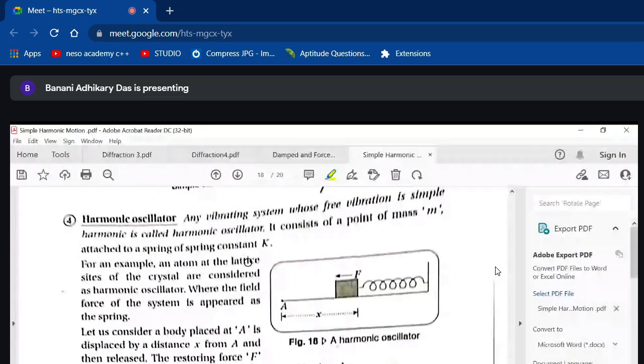If the thermal energy is more, the amplitudes of vibration become so large that the restoring force is not adequate to bring them back to the equilibrium position. The system loses its state. It undergoes a change of state from the solid state to the liquid state because of the absence of harmonicity, or the absence of simple harmonic behavior. When it deviates from simple harmonic behavior, that is called anharmonic behavior.